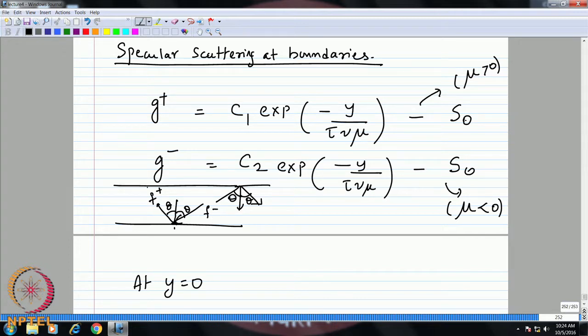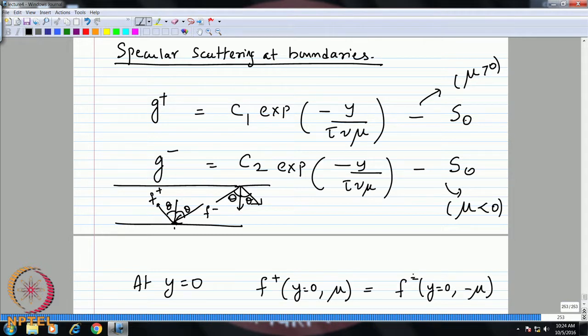So, at y equal to 0, what is unknown is f plus, because that is what is coming out of the boundary. In this case f plus at y equal to 0 comma mu will be equal to f minus at y equal to 0 comma minus mu.